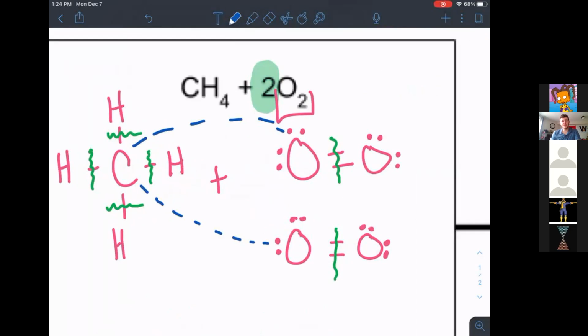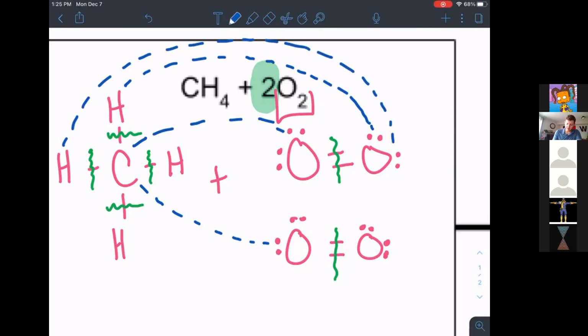And then it's H2O, which means there are 2 bonds, 1 bond from each of my hydrogens to my oxygen. So 2 hydrogens go to each of the other oxygens, showing that those new bonds were formed.